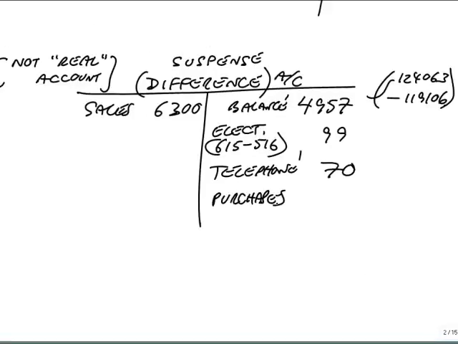Debit the purchases figure. Make a pretend credit to our pretend difference account. The difference is how much? Is it 1174? Yeah. 1174.